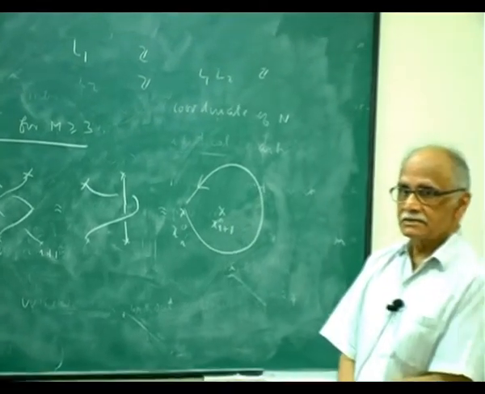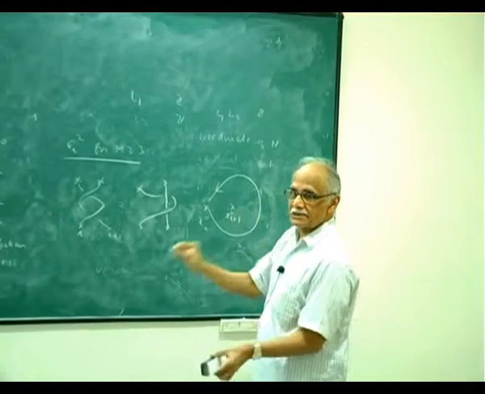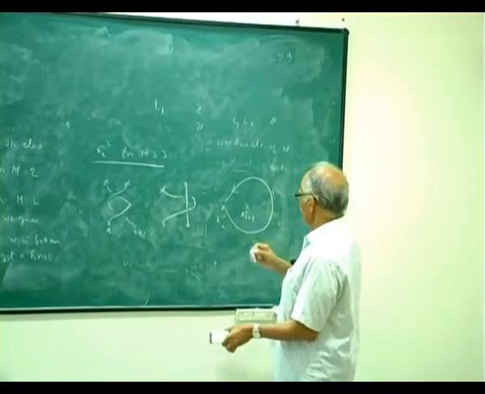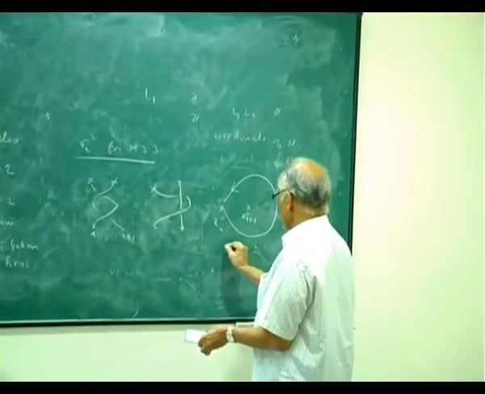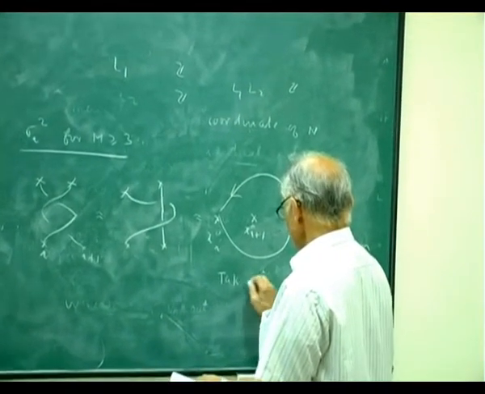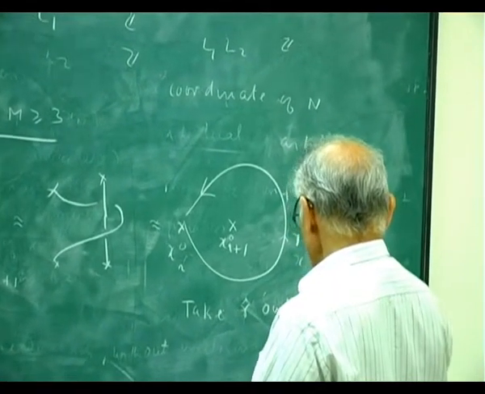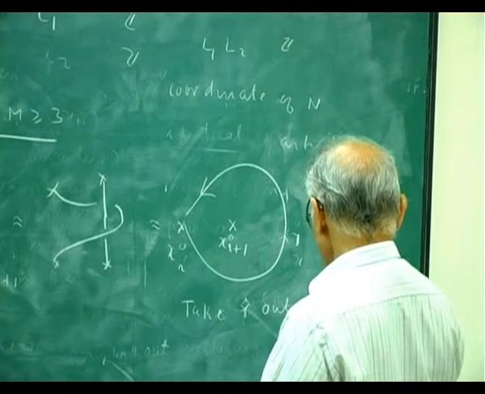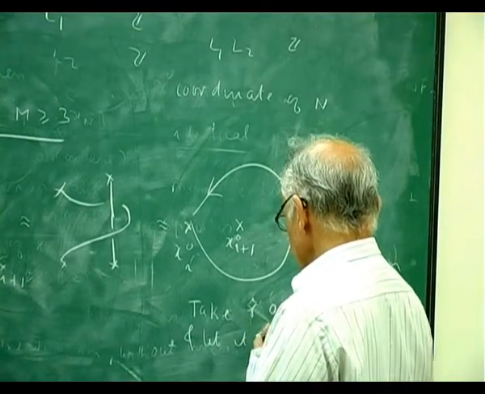In 3 dimensions, I can take it out of the plane and shrink it to a point. So take this loop, take this gamma out of the plane, and let it shrink to a point.